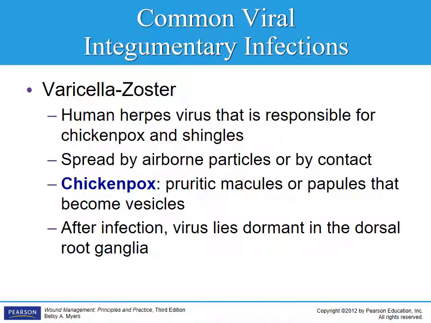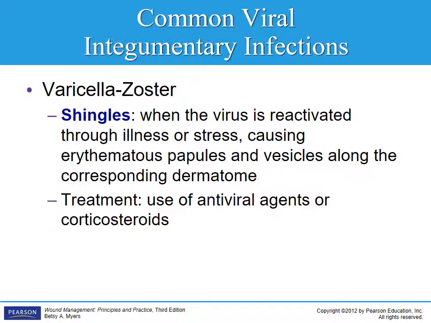After infection, the virus lays dormant in the dorsal root ganglia, and that's how it can come back as shingles. So when it's reactivated through illness or stress, you get these papules and vesicles along the corresponding dermatome. They use antiviral agents or corticosteroids, and just time. Over time, it will resolve.